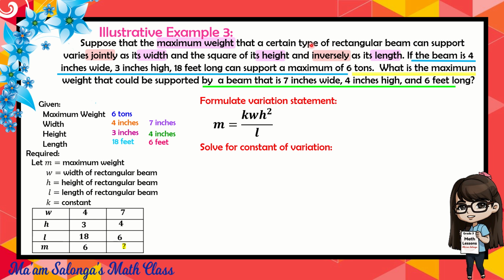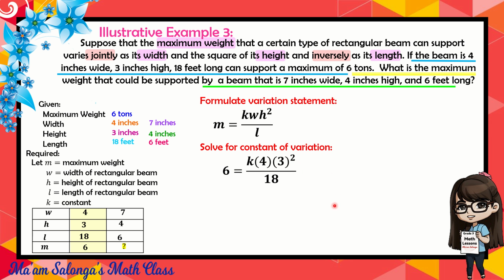Then, finding the constant of variation, we will use this one because they have the complete values, and then substitute it to the mathematical equation. We have 6 equals k times 4 times 3 squared over 18.